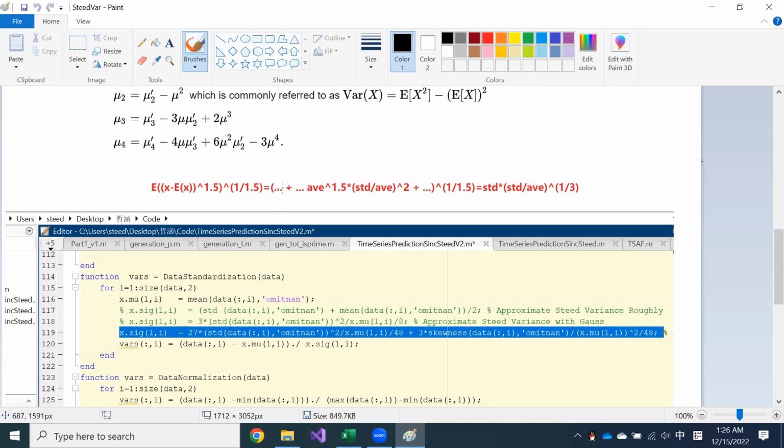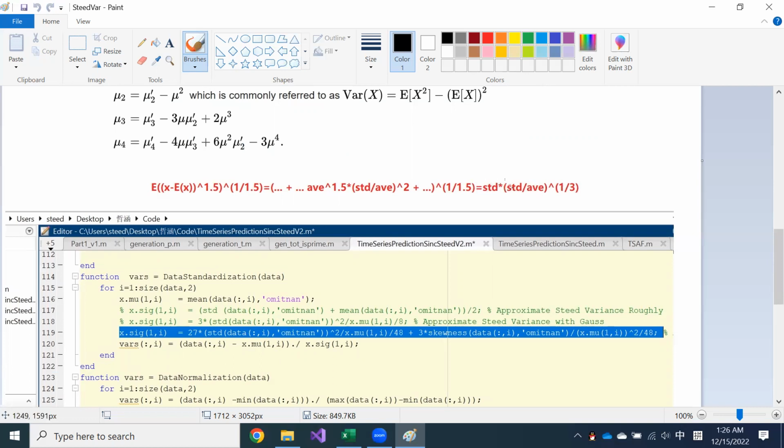You have a first term, and then there's some coefficient here. We ignore it. Then you have an average and a standard deviation, and you have to reverse it to make it look like a standard deviation again. After some operations, you end up approximating. This one is approximately equal to that.